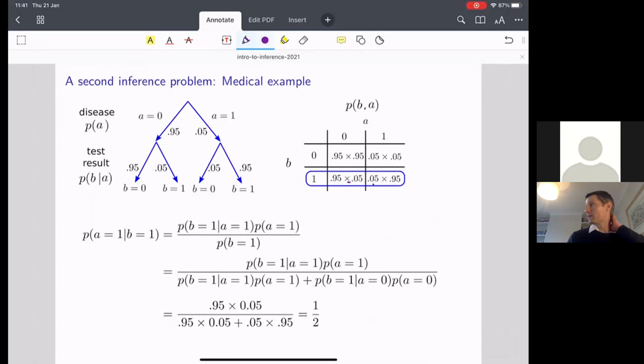And this is a famous fallacy, sort of trivial mathematically, but a famous fallacy that comes up because the layman on the street will often say, if the test is 95% reliable and you take a test and it comes out positive, oh, that means there's a 95% chance that I have COVID.